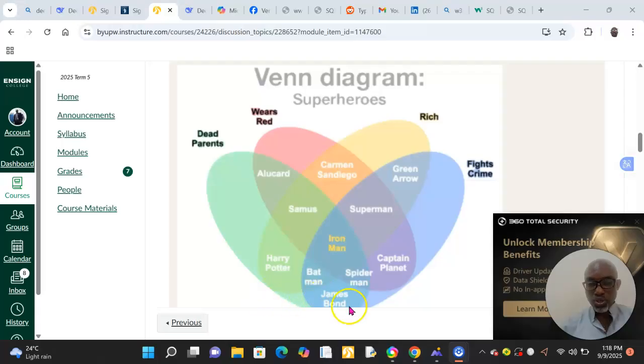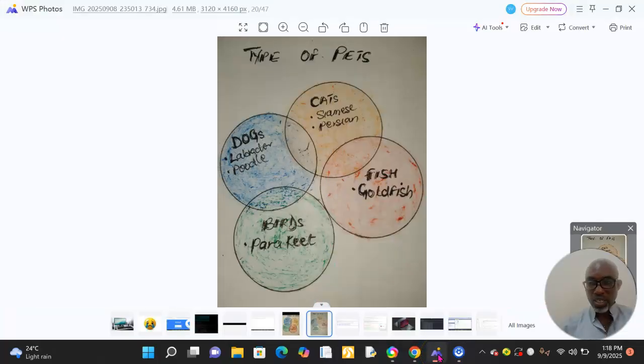Now let's move on to the Venn diagram I created, which is the types of pets. The four datasets are dogs, cats, birds, and fish. Here's how the circles overlap.